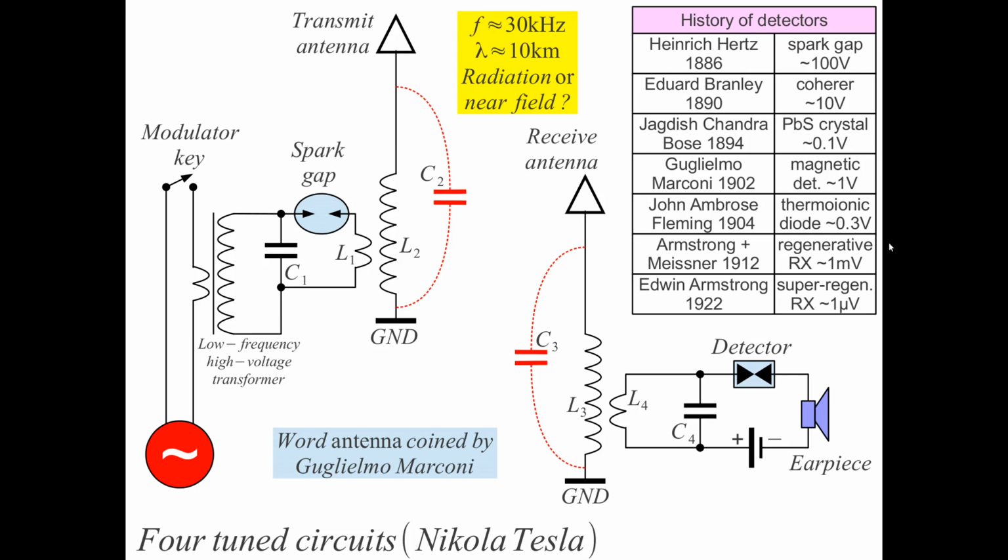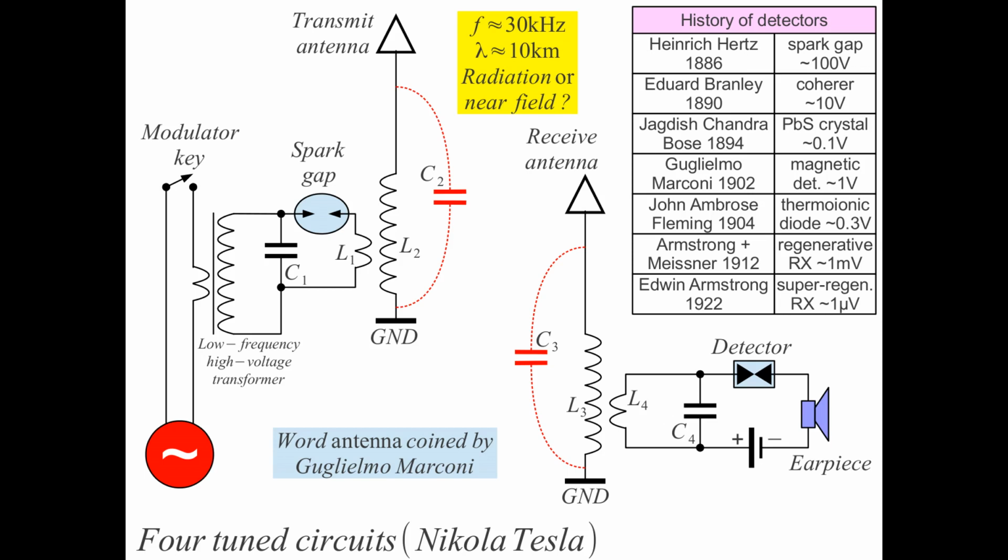A much more important step was to have electrical amplification. Electrical amplification was first used in the regenerative receiver, invented almost at the same time by Armstrong in the United States and by Meissner in Europe.